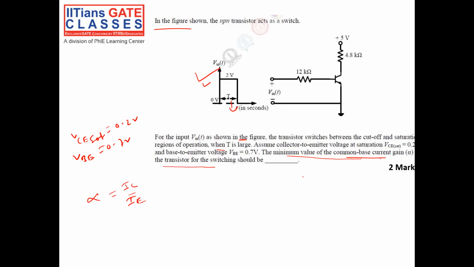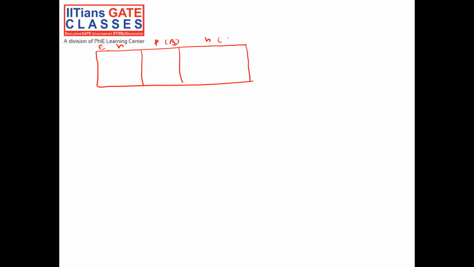Then only it will give an understanding, a visualization, of what the minimum value of common base current gain is. So if you take an NPN transistor, this is the emitter, this is the base, this is the collector. Before understanding saturation, first we have to understand what the active region is.